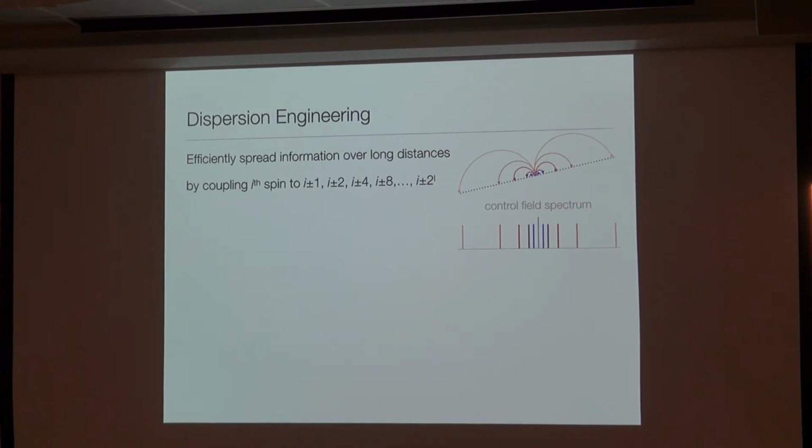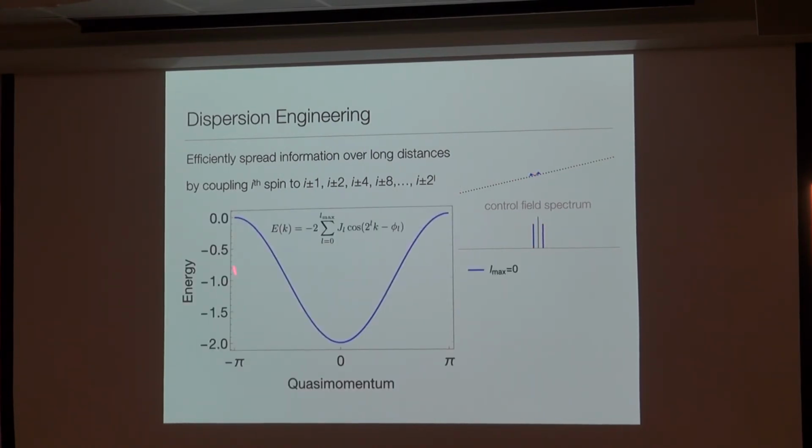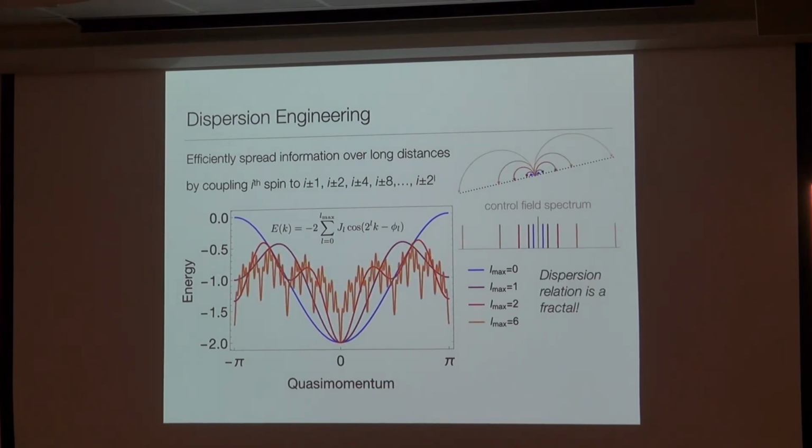Roughly speaking, nearest neighbor hopping would give some sort of cosine dispersion relation. The longer and longer range hopping would give additional wiggles in the dispersion relation. And at the end of the day, you add it all up, and the dispersion relation would be a fractal. So not something that naturally appears in nature, but something we might hope to engineer in the lab.